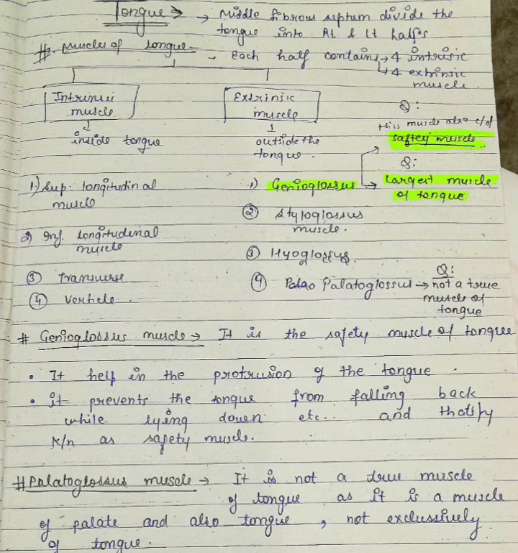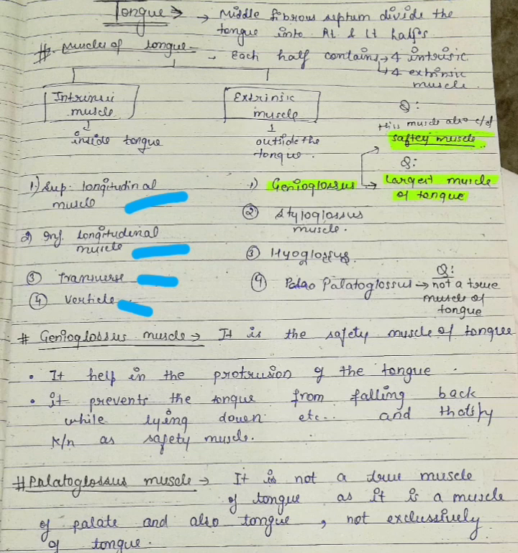Each half contains 4 extrinsic muscles and 4 intrinsic muscles. There are two types of muscle, intrinsic and extrinsic. The intrinsic muscles, there are 4: superior longitudinal, inferior longitudinal, transverse and vertical. Extrinsic muscles are 4: genioglossus, styloglossus, hyoglossus and palatoglossus.